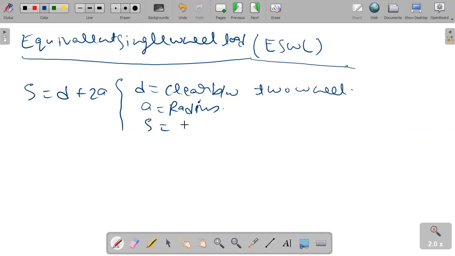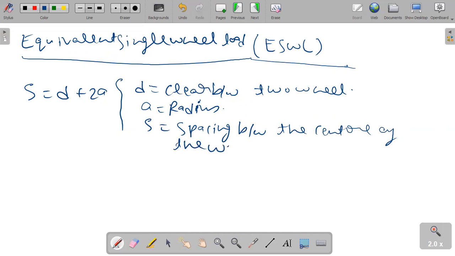S is the spacing between the centers of the wheels. Let's say this is the surface and this is your wheel, so this is the center of a wheel and this is the center of the other wheel.